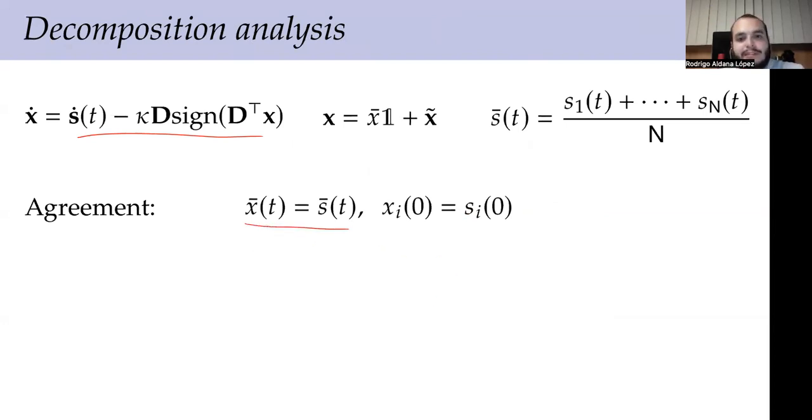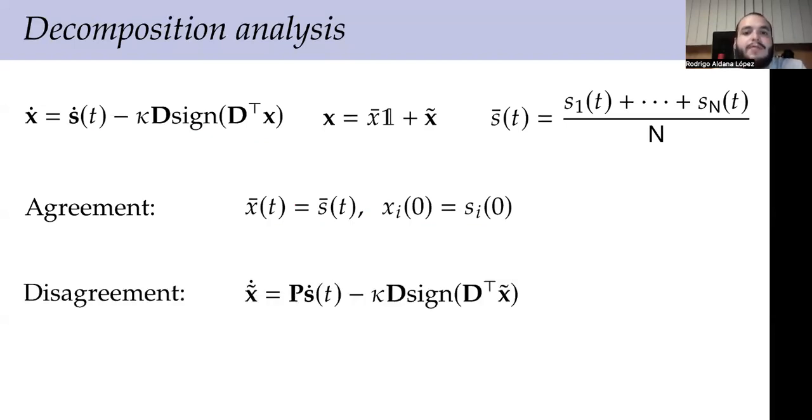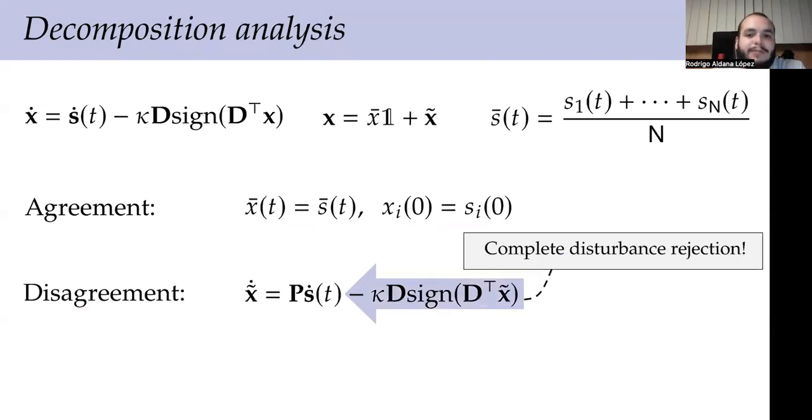For agreement, we have something similar as before. For a particular initial condition, you can conclude that the agreement is always exactly the average signal, okay? And for the disagreement, you have something similar as before, where you have this disturbance, which we could not reject using the linear protocol, but now we can, okay?